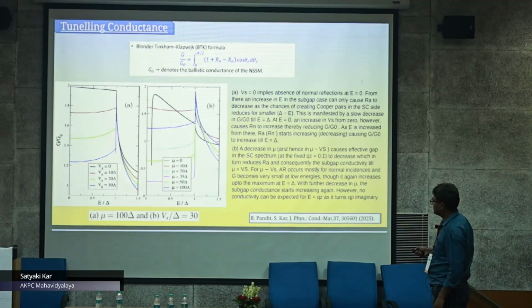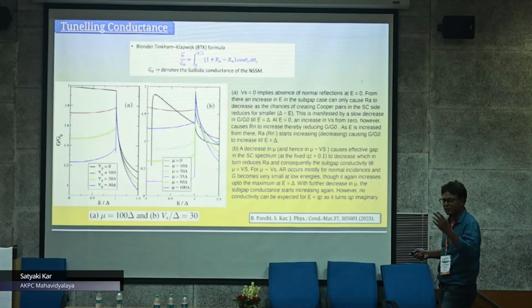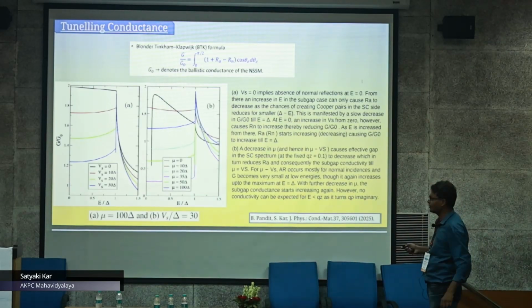Now for this one, as we keep on decreasing the values of mu from 100 delta, you can see this is reducing. This thing is reducing because, what was the reason? There's some reason I forgot that. It's written here somewhere.